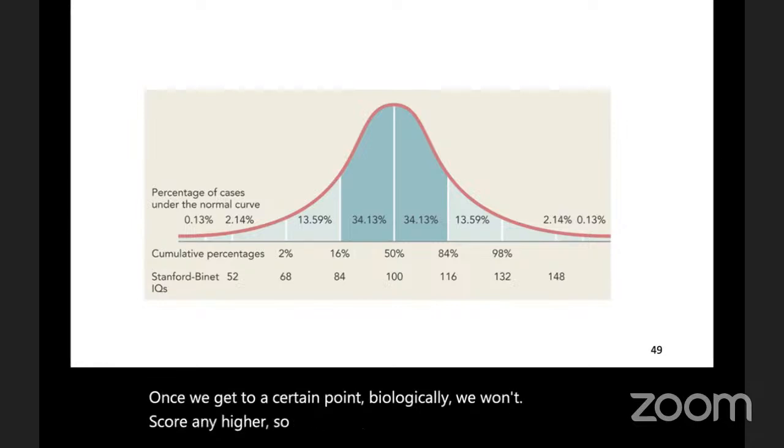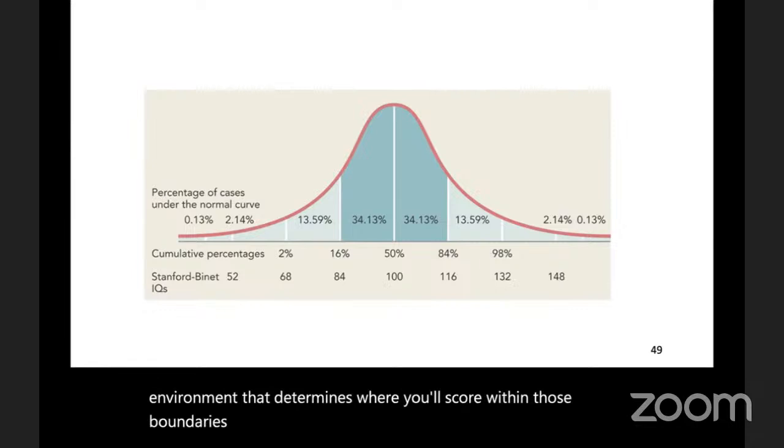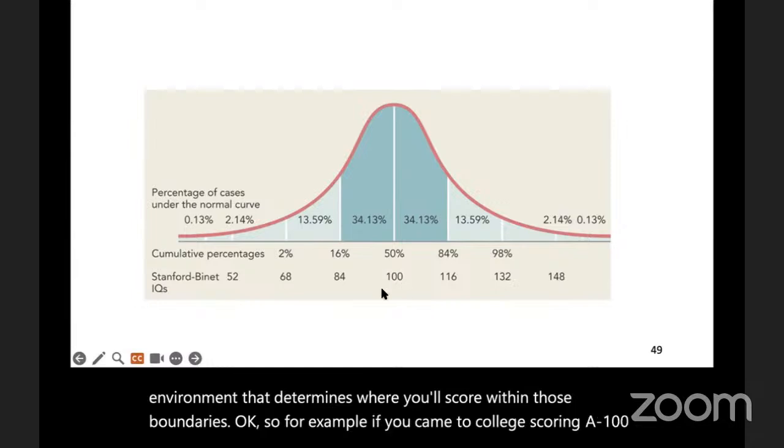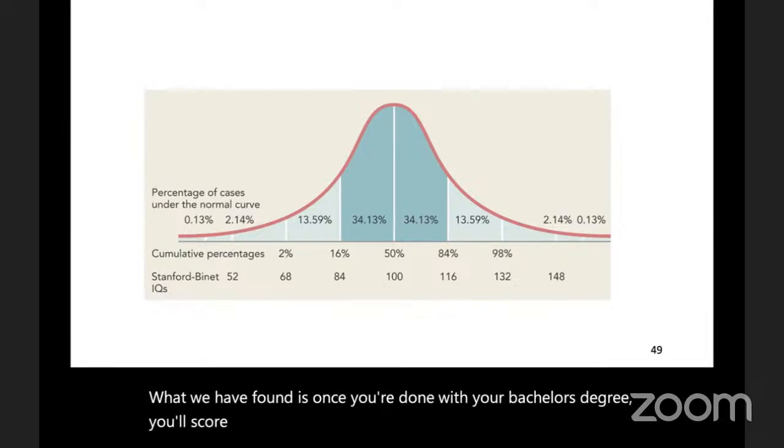So biology sets the boundaries, but it's environment that determines where you'll score within those boundaries. Okay. So, for example, if you came to college scoring 100, what we have found is once you're done with your bachelor's degree, you'll score around 115.